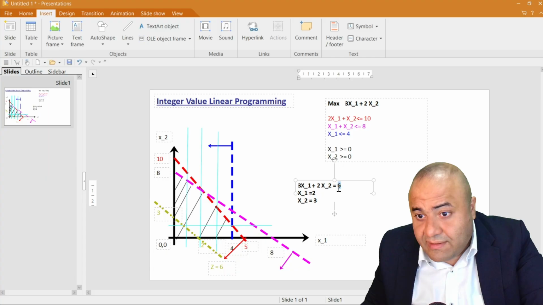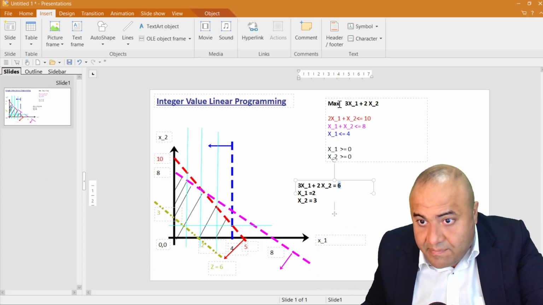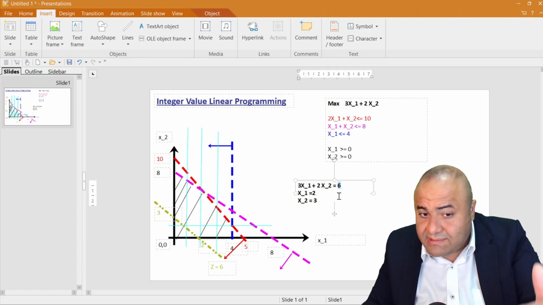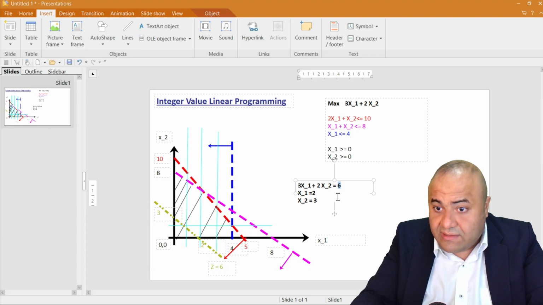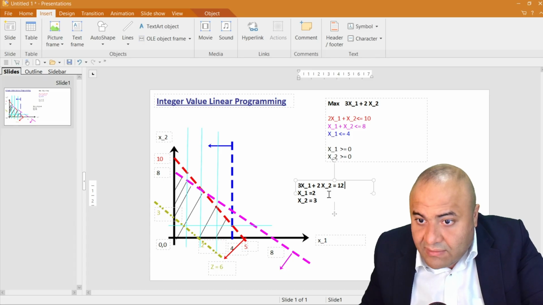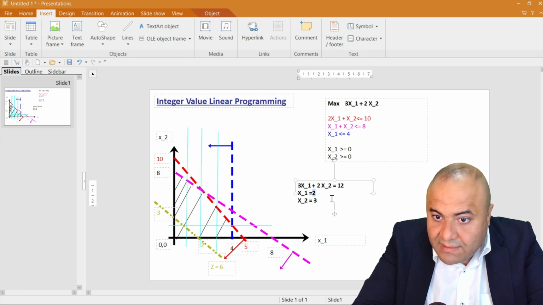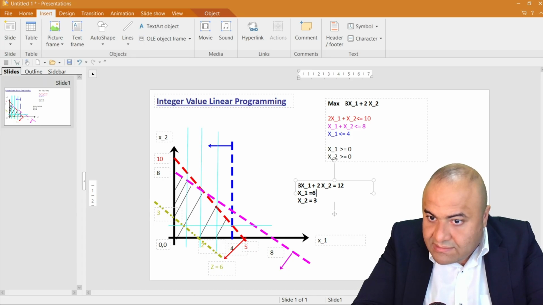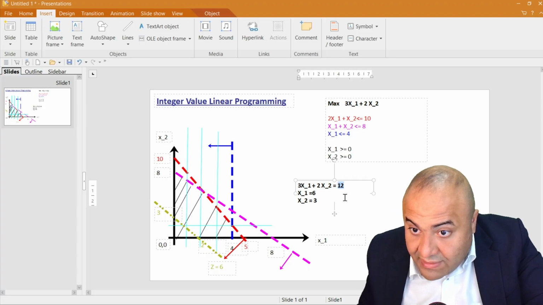Now you try to do another one, where of course you're trying to maximize. So can we maximize it a bit? And the answer is yes, we can. For example, if we put 12, then when x2 is 0, x1 will be 6, and actually 6 is not allowed, so 12 is a bit of a limit.